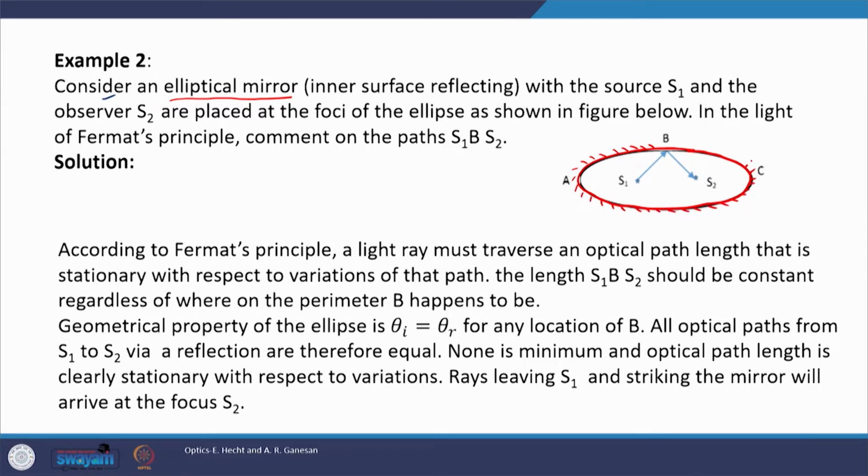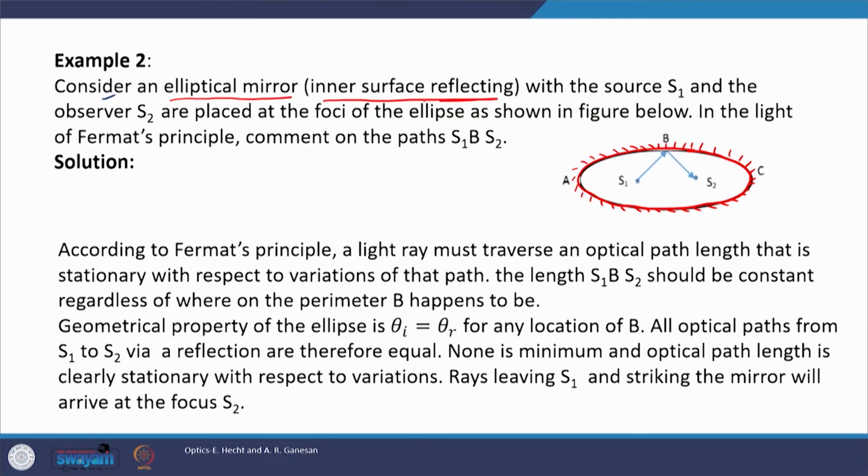The inner surface of this elliptical mirror is reflective. Therefore, any source inside this elliptical mirror, if a ray starts from this source, the light will reflect from this internal mirror, and it would be confined within the boundaries of the mirror, it will not go out. The point to be noted is that the inner surface is reflecting.